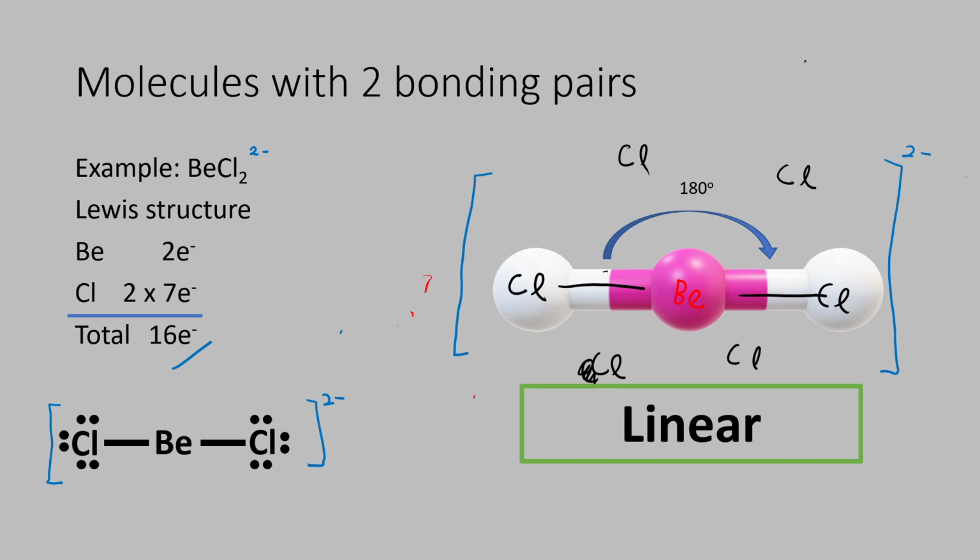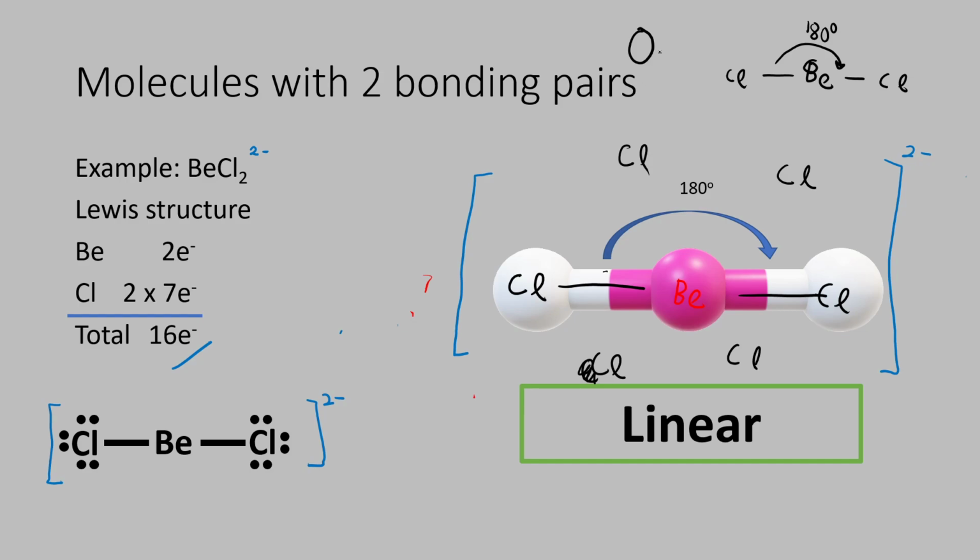Sebab beryllium, chlorine, and chlorine. Why we kira macam ni? Sebab we look everything as a circle ataupun a sphere. So satu bulatan berapa dia punya angle?